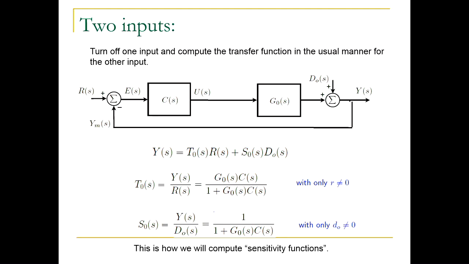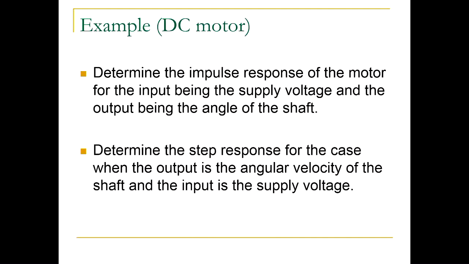All right. Let's now look at a DC motor example as just a bit more realistic situation. It's not just mathematics, it's related to a physical system. So what we are asked to do is to determine the impulse response of the motor for the input being supply voltage and the output being the angle of the shaft.